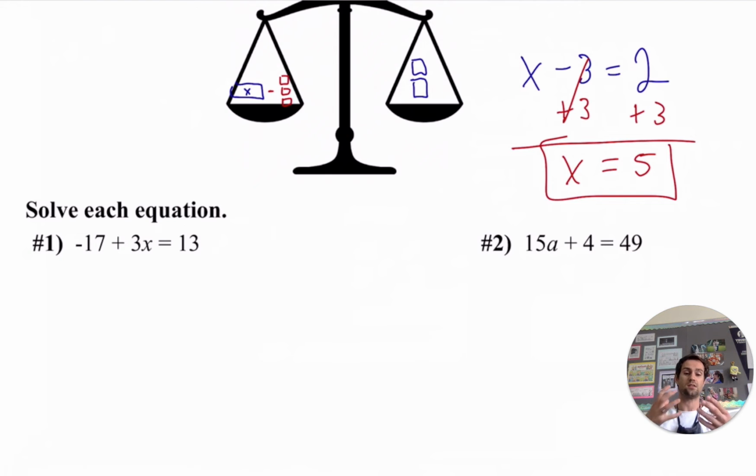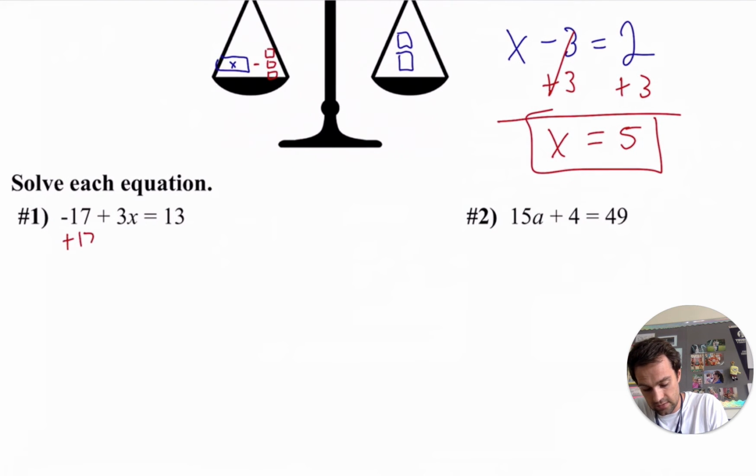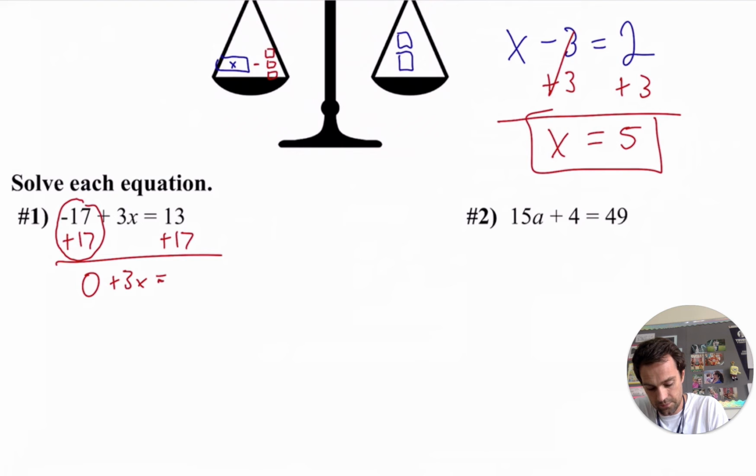So you're working as far away from the variable as possible. Negative 17 is further away. So we're going to add 17 to both sides. The inverse operation of negative 17 is positive 17. Negative 17 plus 17 becomes 0. Plus 3x equals 30.